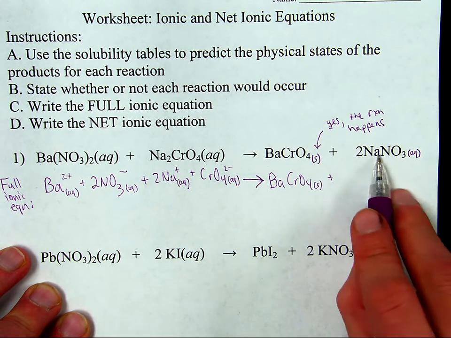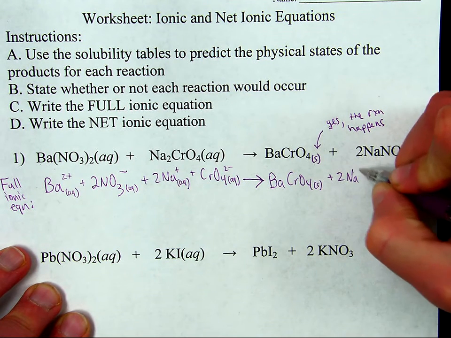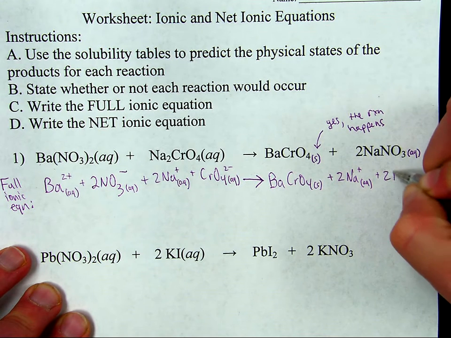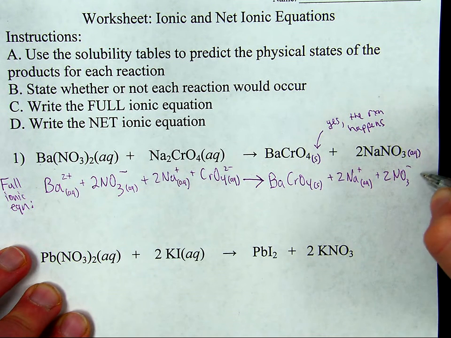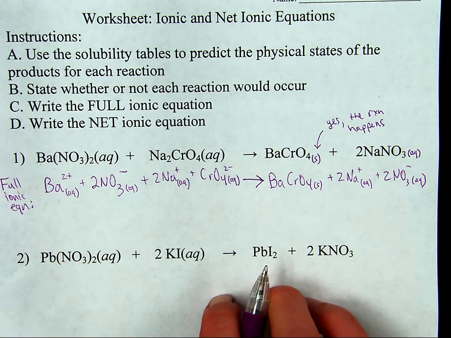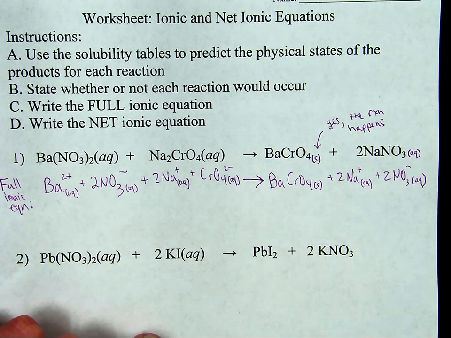Two sodiums and two nitrates. So two sodiums with a plus charge and an AQ, and two nitrates with a minus charge and in parentheses AQ. That is the full ionic equation. Yes, it can be a bit of a pain, but that's how it's done.